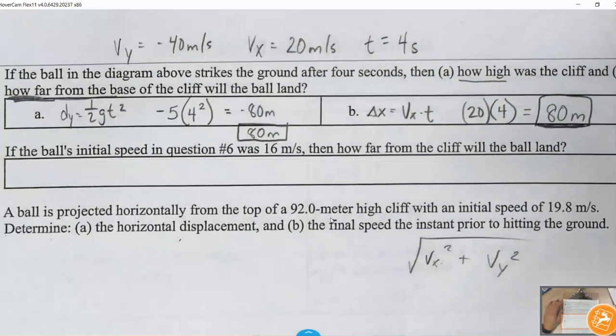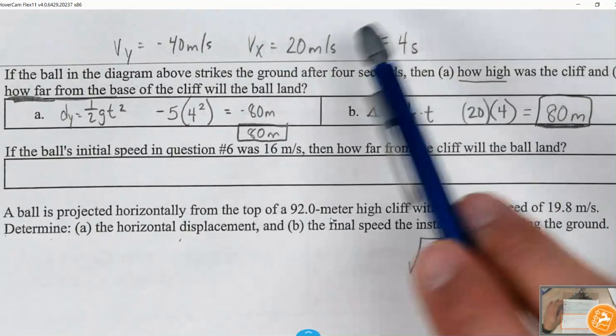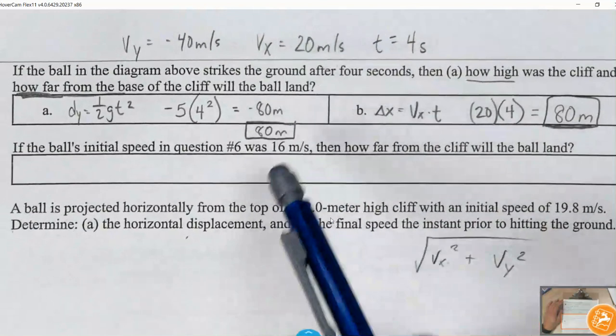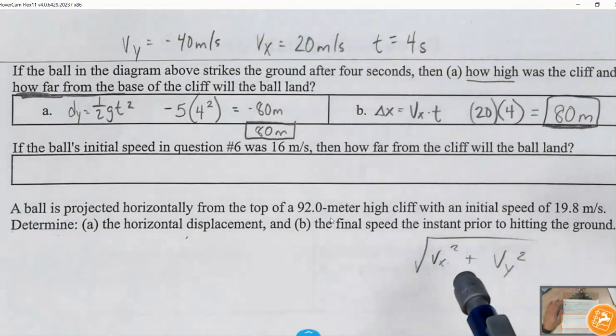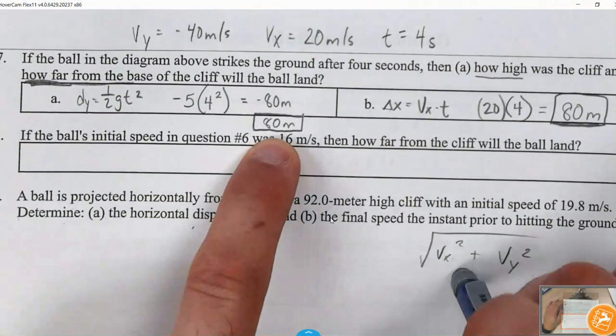If I rolled the ball off the top of my desk, and it was in the air for 4 seconds, and I rolled it off pretty fast, and it landed 80 meters away, just for the hell of it. If I now, instead of rolling it at 20 meters per second, roll it at 16 meters per second, is that going to change the fact that I rolled it off the top of my own desk? No. So it still would fall the 80 meters.